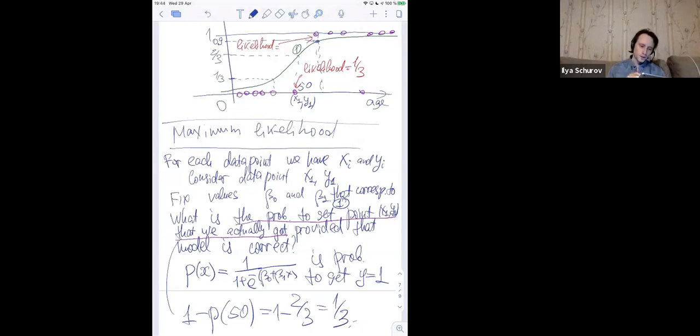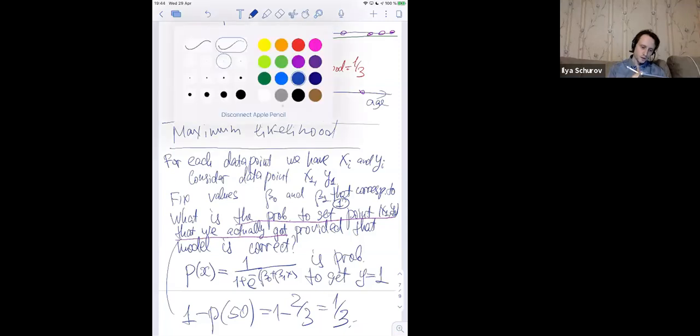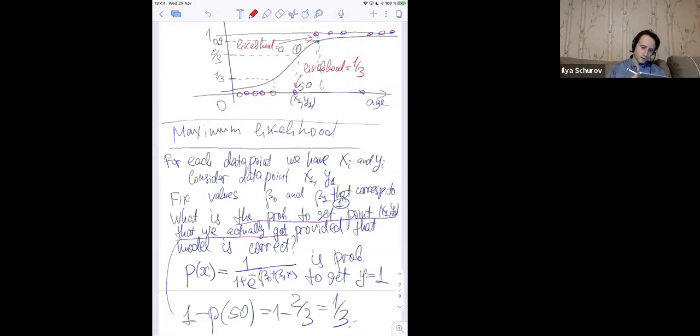This is actually this number, and here the likelihood is, after my fix, just 0.9. So if I see a point here, I just use the appropriate value from this graph. And if I see a point here with value of y that is 0, I use 1 minus the corresponding value on the graph.